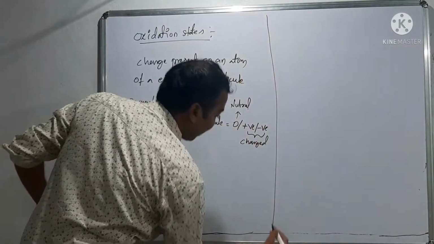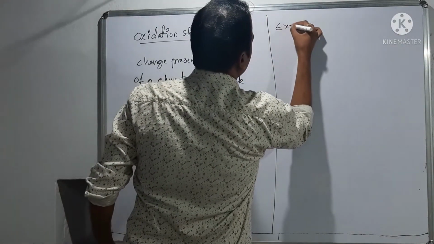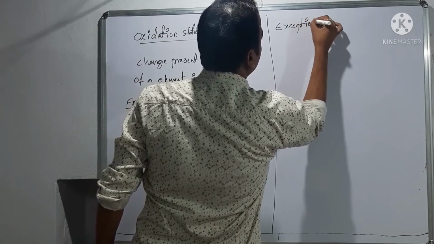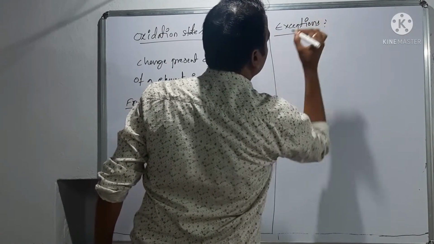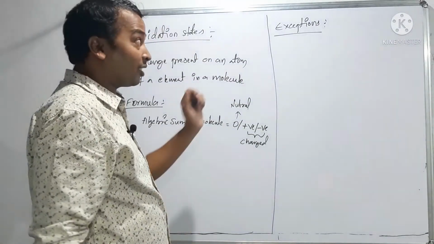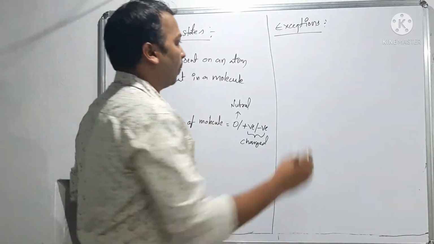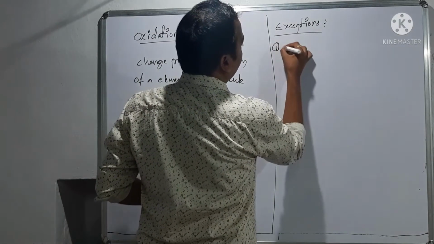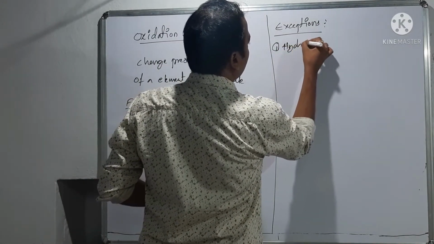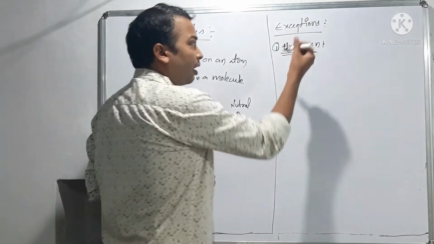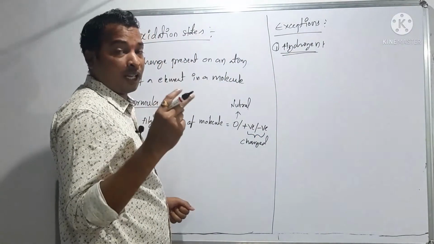There are some exceptions, and they are only for two atoms, hydrogen and oxygen. First of all, hydrogen. Generally, hydrogen shows two types of charges.